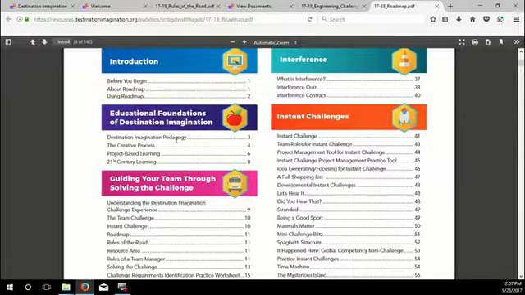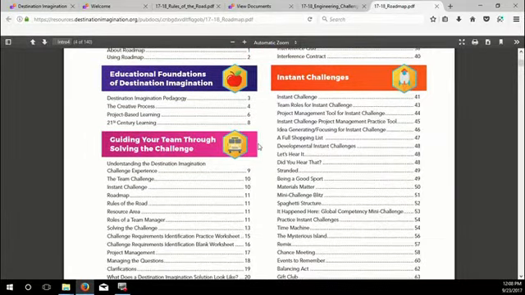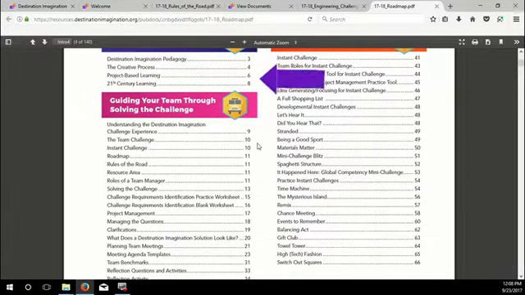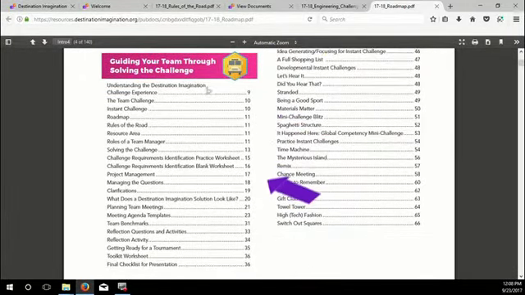There's a little bit of information about what the basis of the program is. Sometimes we call this the edubabble, but it's a broad stroke overview of what Destination Imagination is about. We talk more about the philosophy of Destination Imagination in live training, but there is some additional information as you begin to guide your team through solving the challenge.